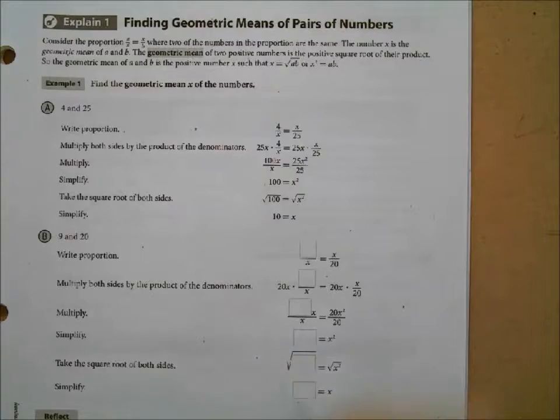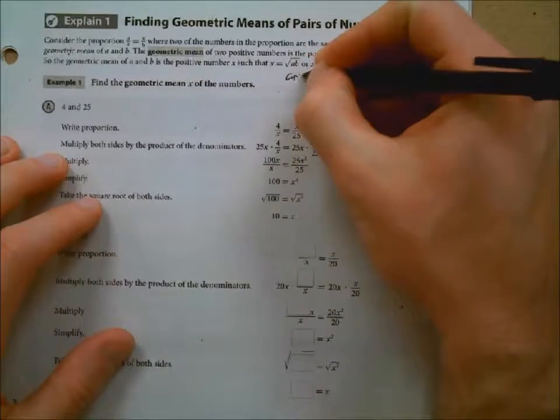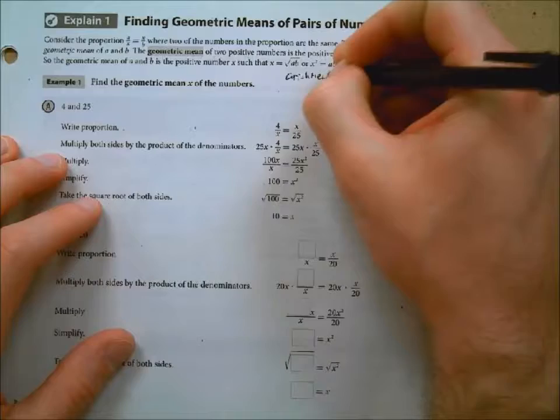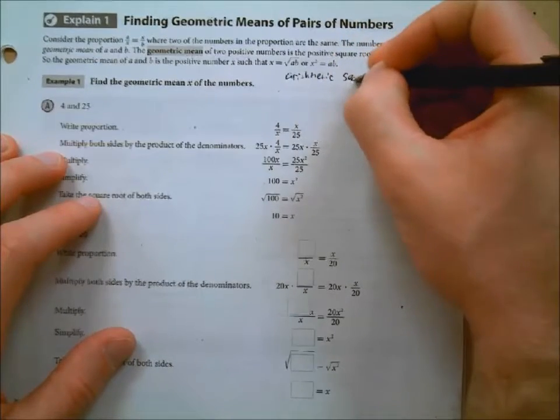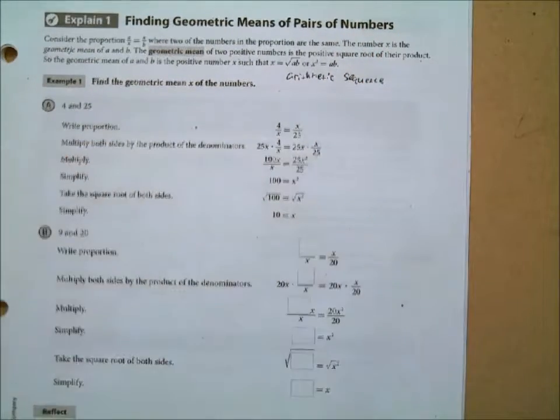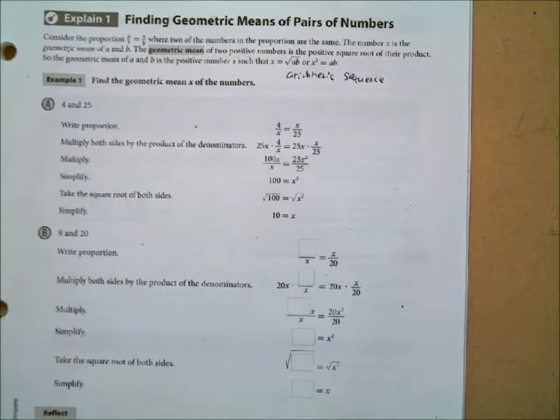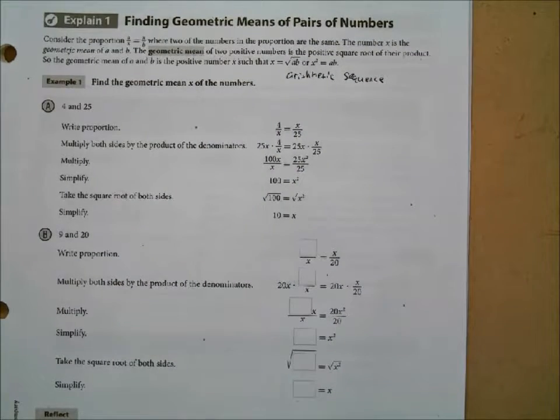The reason why we call it an arithmetic mean is because it comes from the idea of an arithmetic sequence. You guys remember talking about arithmetic sequences back in Algebra 1? No bells are ringing here?